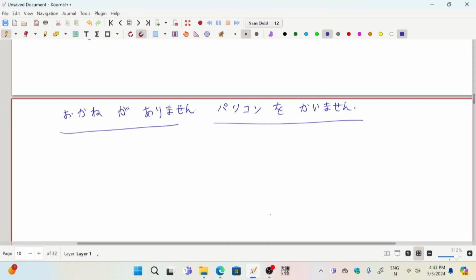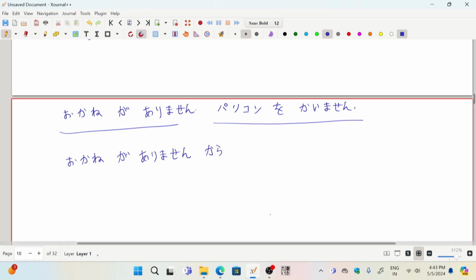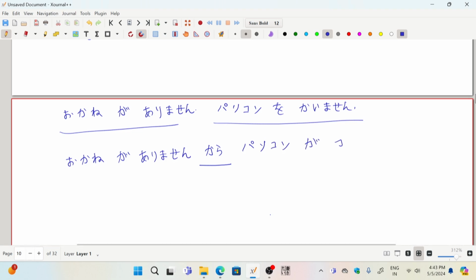Since I don't have money, I cannot buy a personal computer. So we can say okane ga arimasen kara, kara we have learned for the reason, okane ga arimasen kara pasokon ga kaemasen. So here the o particle has changed into the ga particle and i has changed into e.